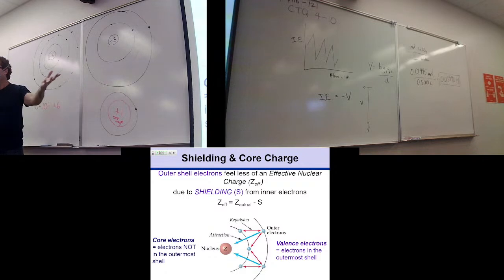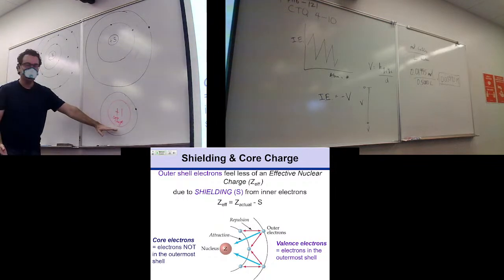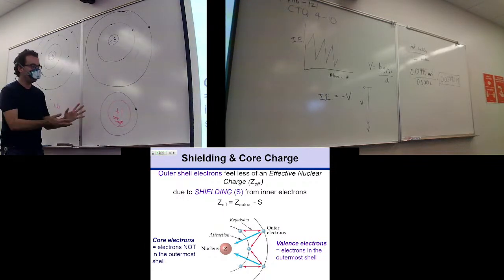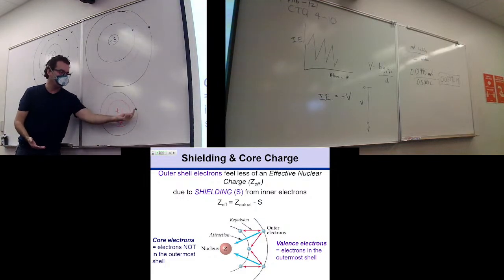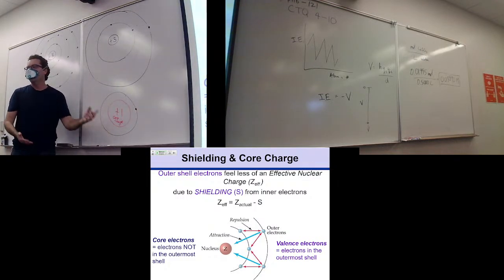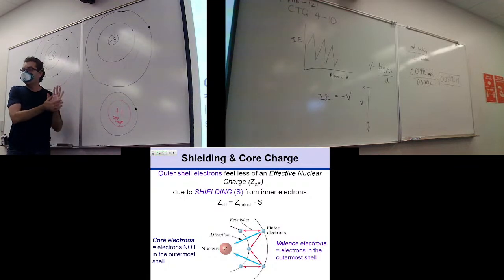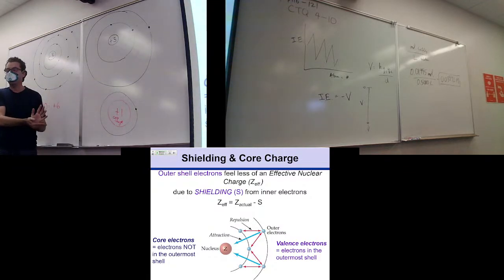We can't use Coulomb's law because it's too simple. It only does 2 particles. So one technique is to use something called core charge. It's a way to very simply estimate what this outer electron is really feeling. It's a very simple tool, one we're going to use to great effect.